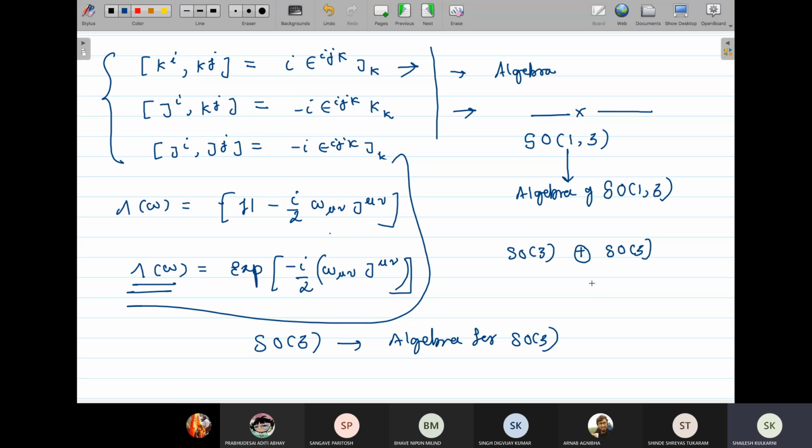It does not mean that the Lorentz group is SO(3) direct sum SO(3). It's not. This structure is called the algebra of the transformation, or the algebra of the group. It can be written as two separate copies of the angular momentum algebra. Physically, M and N will not represent angular momentum, but the mathematical structure is the same as your rotation structure.